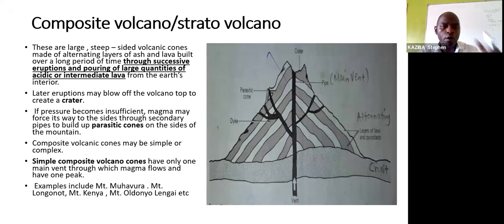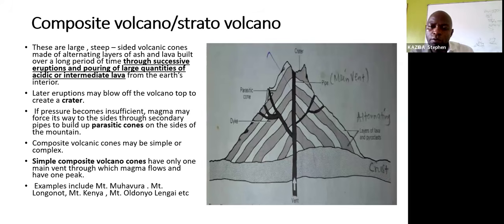Nature of material, acidic and intermediate lava from the Earth's interior. So they pile over a long period of time. After piling, a composite volcano is not complete until it has a crater on top of a mountain. So you say a later eruption blows off the volcanic top to create a crater.